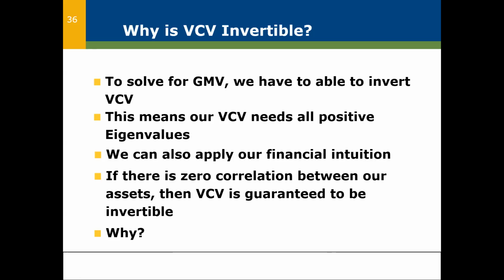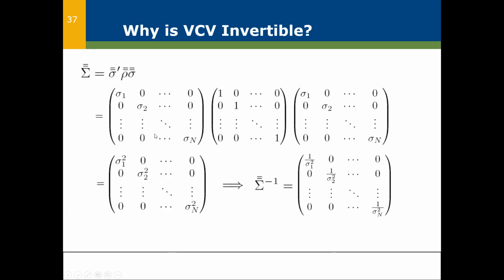In other words, there'll be no issues with inversion. As you get more and more correlated, it gets harder and harder mathematically to invert that matrix, and there are tricks you can do to deal with that. This is showing the inverse of the variance covariance matrix when all the assets are uncorrelated. So it's pretty trivial.